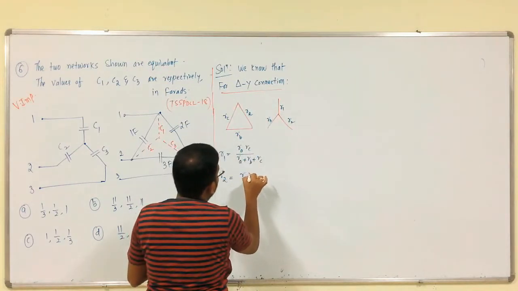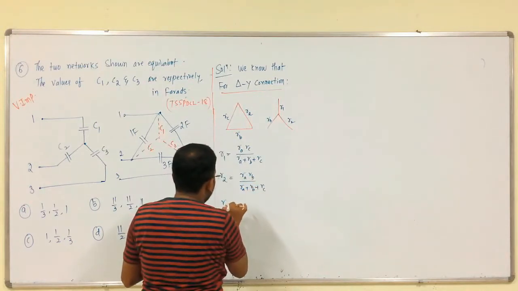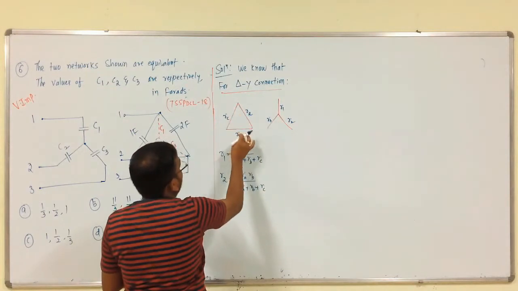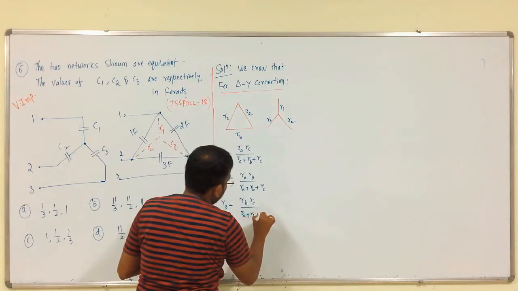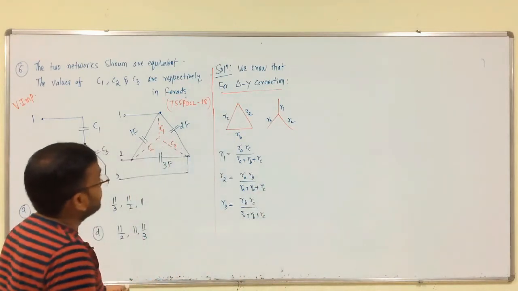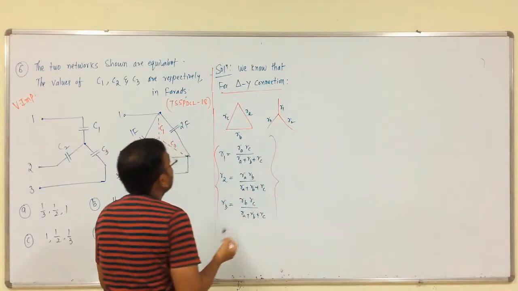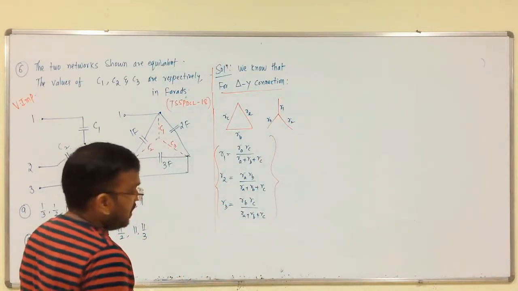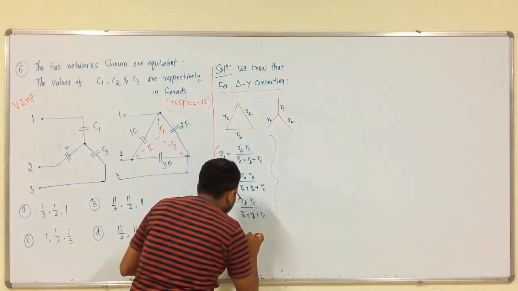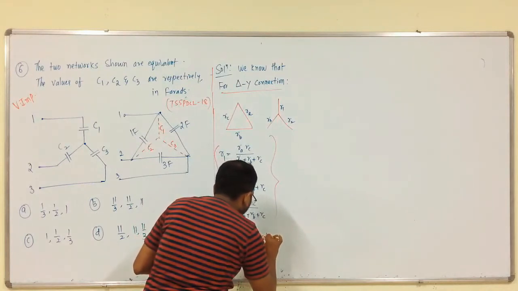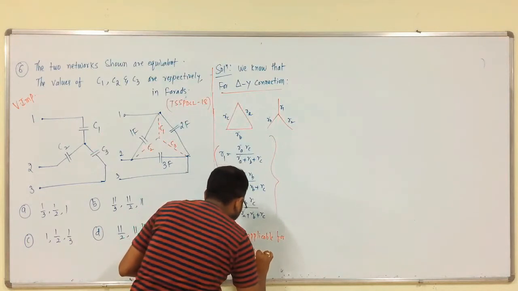RA RB by RA plus RB plus RC, like that. R3 is equals to what, which is present between RB RC, right? RB RC by RA plus RB plus RC. Clear? This is for delta to star connection. This is applicable for L calculations also, right?